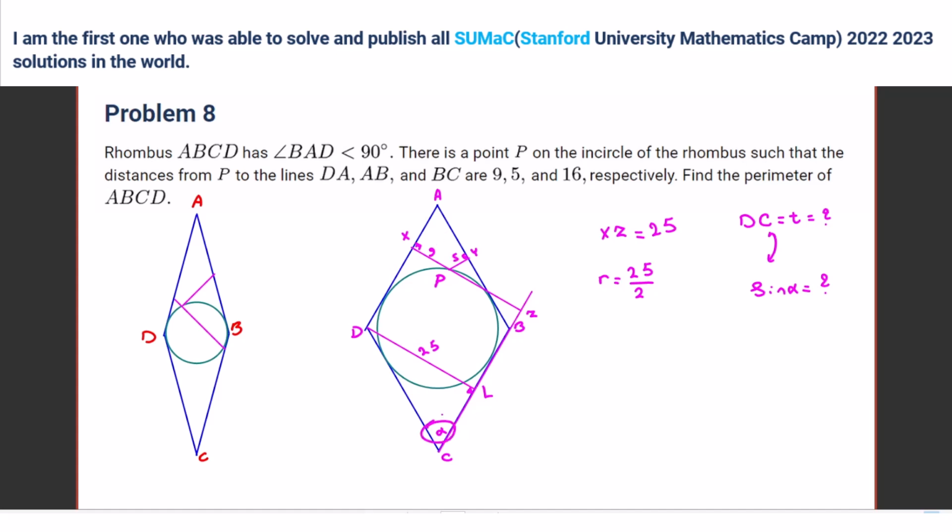And we know when this angle is alpha, this angle is what? Also alpha. And also, we can consider that if we draw something like this, we know that this one is 25 over 2, this one is 25 over 2 with similar directions, right?